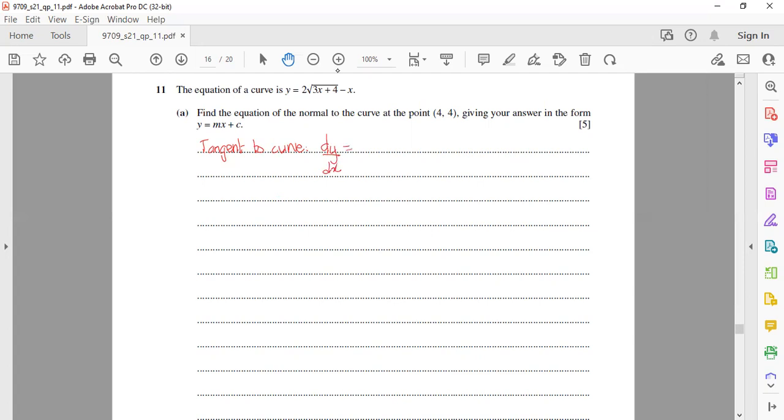When we differentiate 2 into 3x plus 4 to the power of 1/2 minus x, we'll have 2 over 2 times the square root of 3x plus 4, multiplied by 3, minus 1. So when I simplify, I should get 3 over square root of 3x plus 4, minus 1.